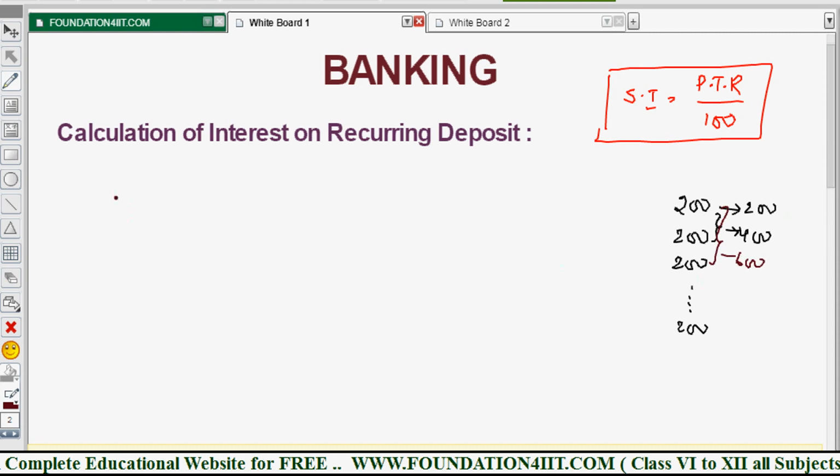Now, suppose rupees P per month is deposited every month in the bank.